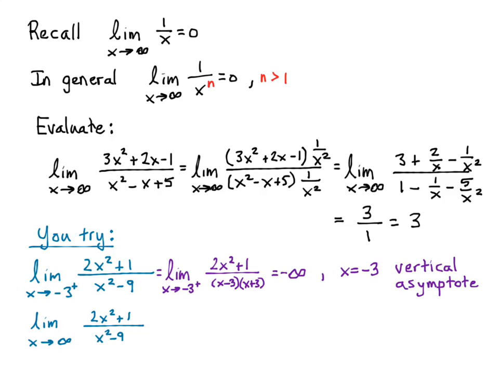Because if it's continuous at that point, we're just going to plug it in. And if we plug in -3, we get 9 - 9, which is 0, so it's going to be division by 0, so it's not continuous. Then we have to look at what the short-term behavior is. So you factor it and try to figure out the sign of the numerator and the sign of the denominator.